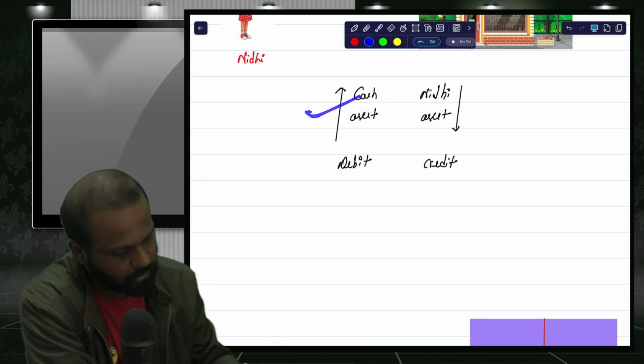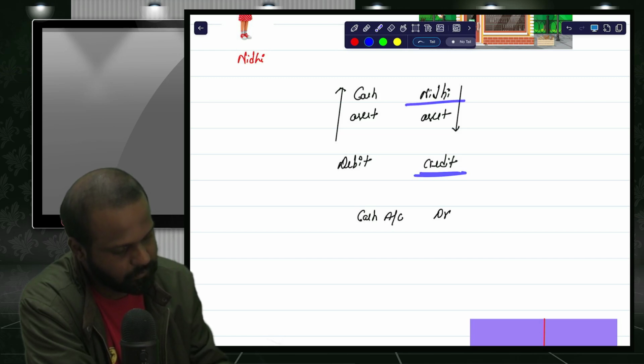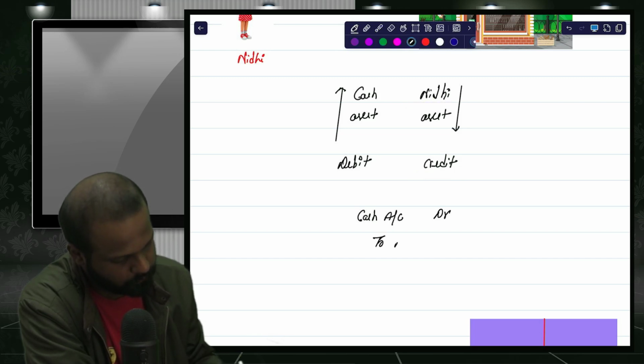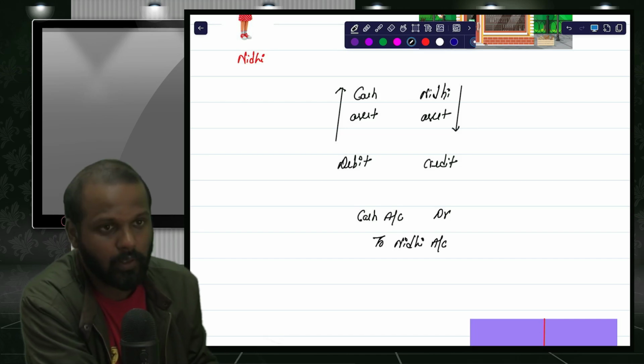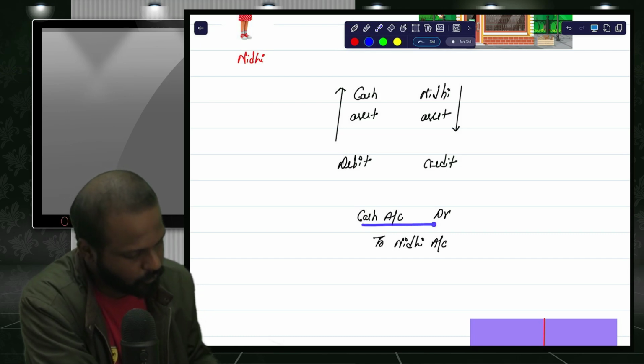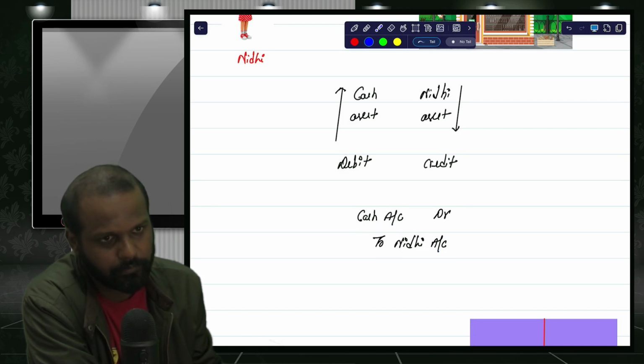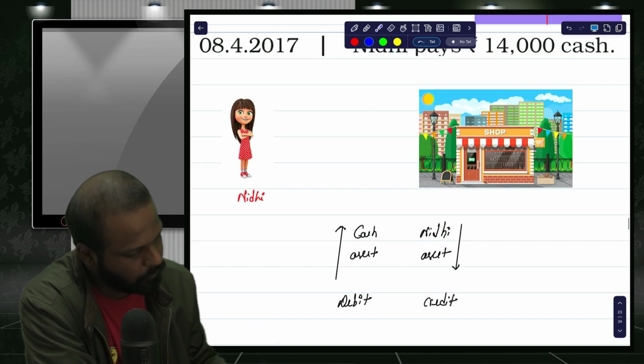So cash account will be debit, and credit will be Nidhi. To Nidhi account. So cash account debit to Nidhi account, 14,000.